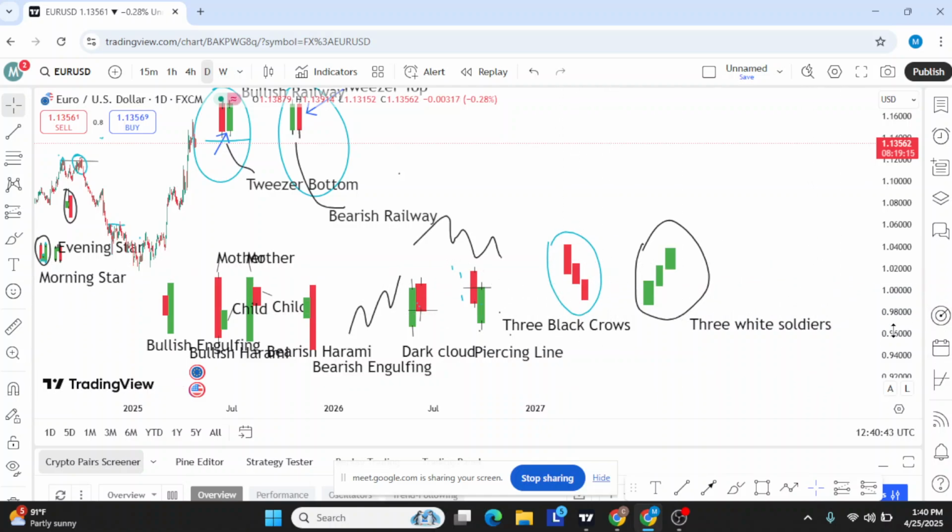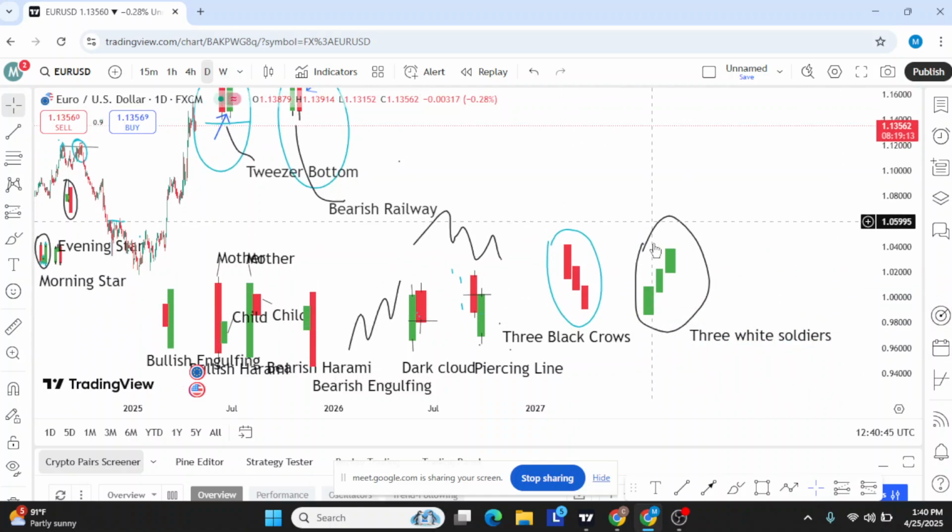You can see the formation. They have to close above one another, and this formation lets us know it is like a momentum. See the momentum in the formation of the candles. They are closing above their previous candles.